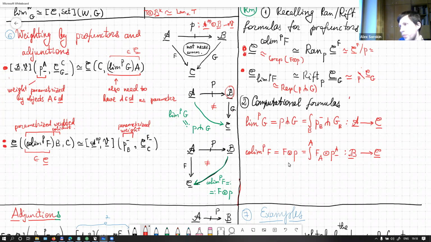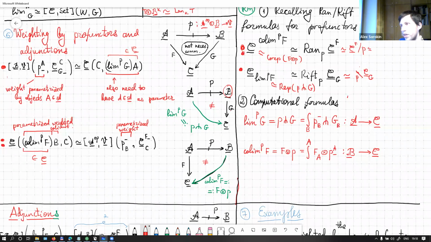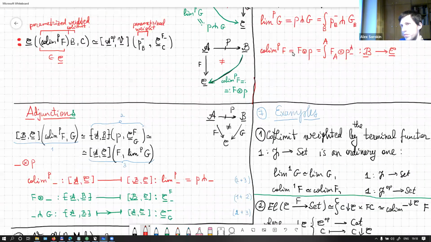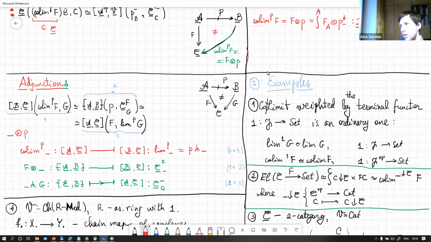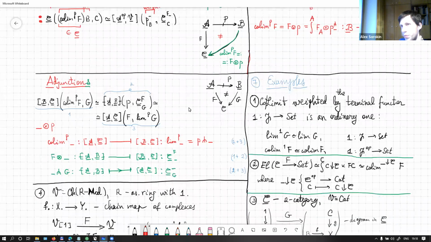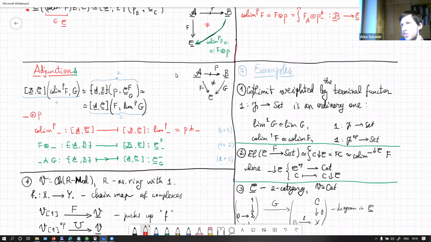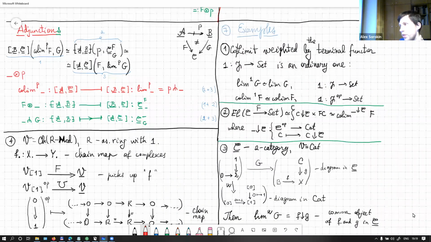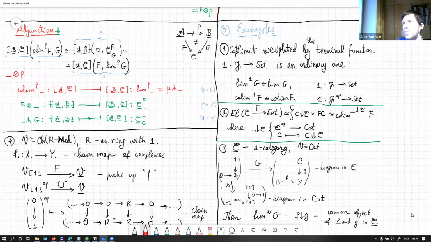Right now, I will explain why I did all this, not just for my own convenience, but for the purpose of writing down the adjunction formulas. Before, we had a very simple and easy observation that the limit was right adjoint to a constant functor, and the constant functor was right adjoint to the colimit.